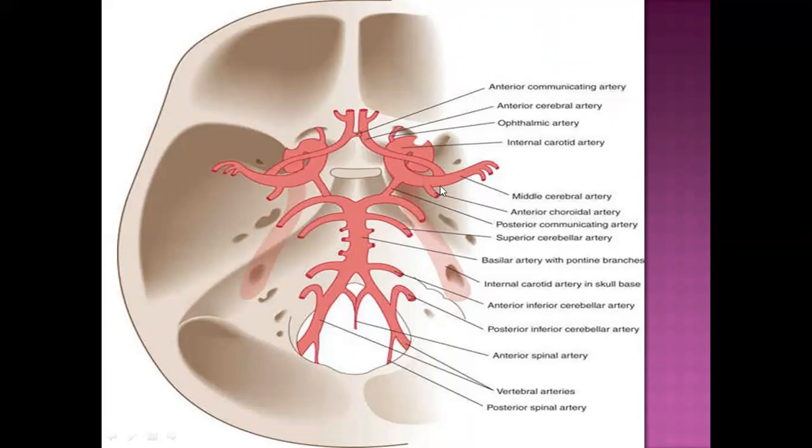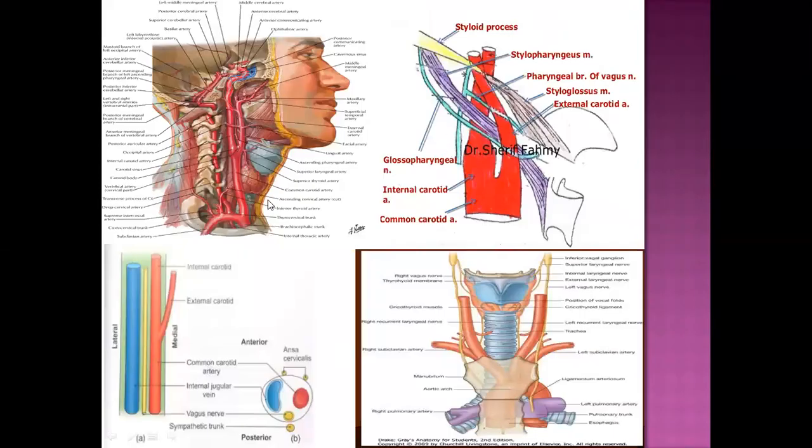Sometimes the middle cerebral artery, which is very important and supplies most of the motor area, will be blocked. Then the patient suffers from paralysis on the contralateral side of the body, and also sensory deficiency. So these are the relations of the internal carotid artery.